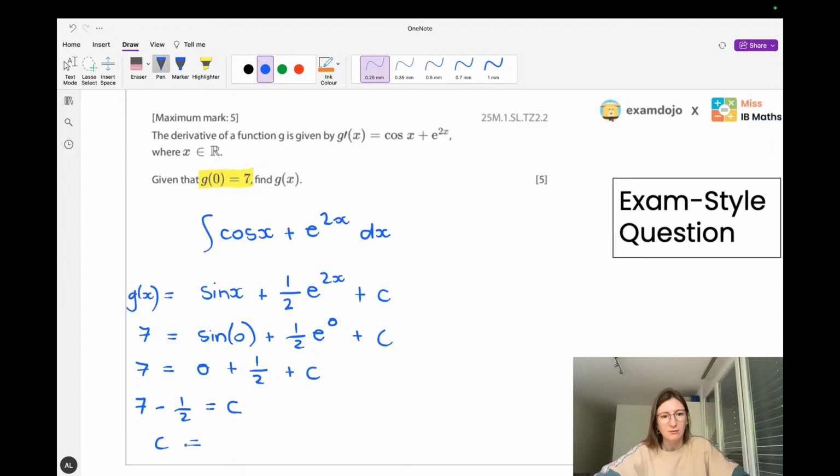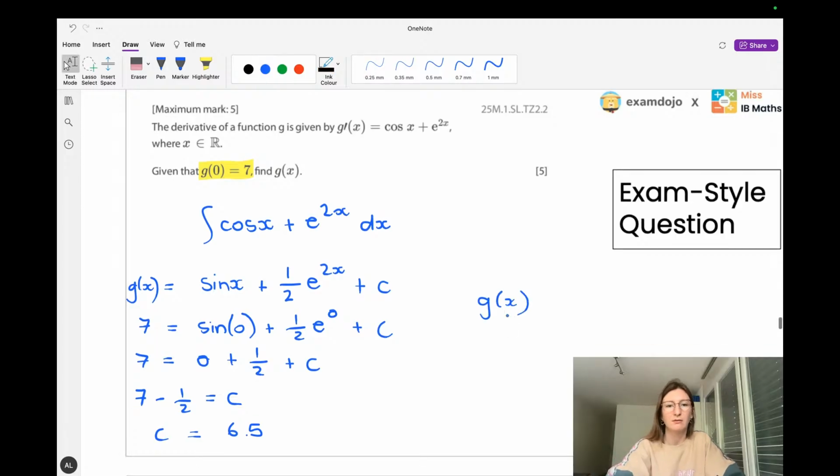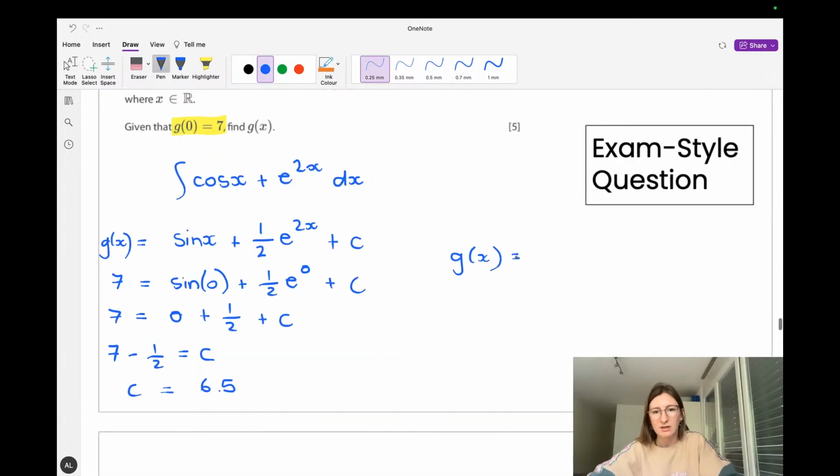So c equals 6.5. And don't forget, once you've found your c, you're not done. You need to write the function with your newly found c. So sine x plus a half e to the 2x plus 6.5.